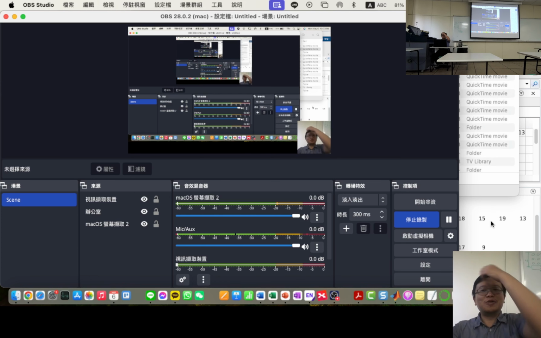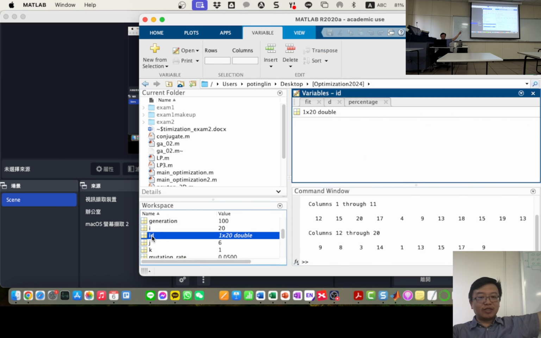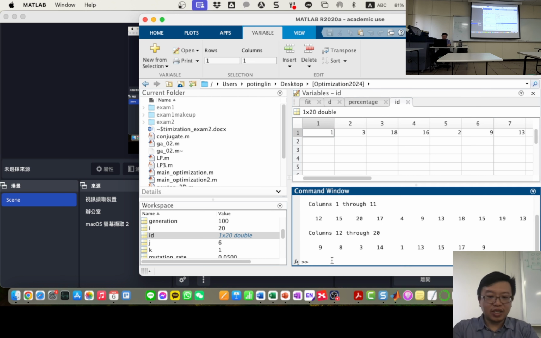Okay, so over here you can tell the 15th chromosome has been chosen 3 times. Let's see why. If we check on the sorted ID, actually the 15th one is this one.